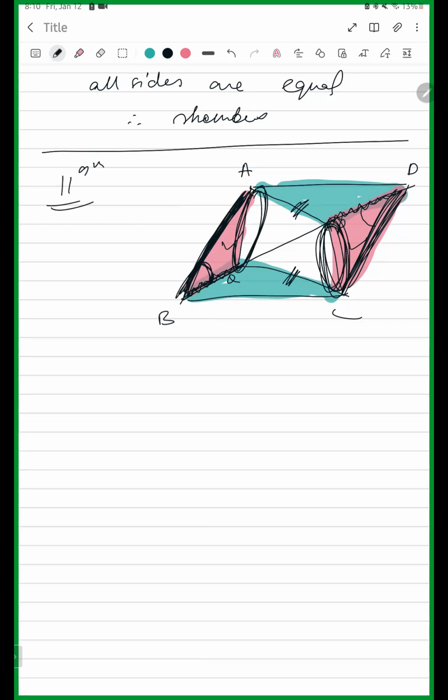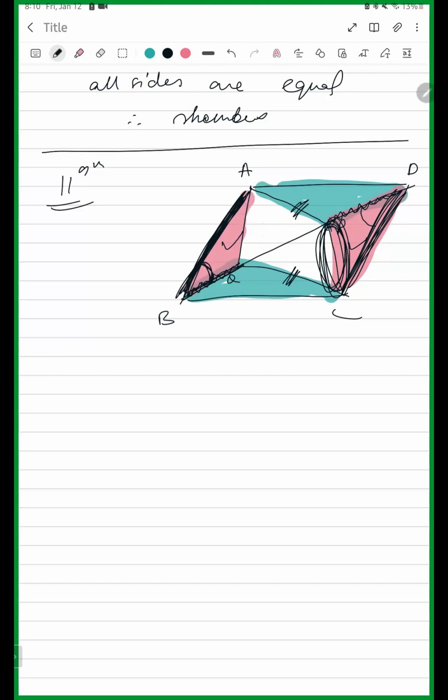Yes, they're equal, but in a parallelogram, you also need to show that they are parallel. Okay. How will we show that they are parallel?